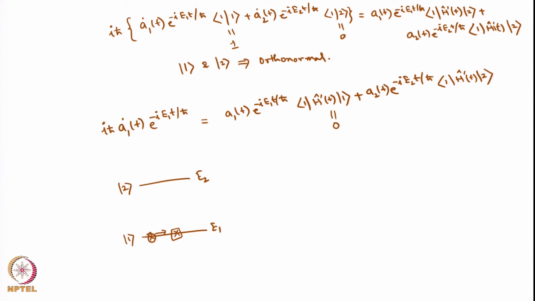That means you have started with state 1 and ended with state 1, you do not even know whether the perturbation has taken place or not. So effectively the first term will go to 0. So this is nothing but transitions or perturbations to the same state do not count.